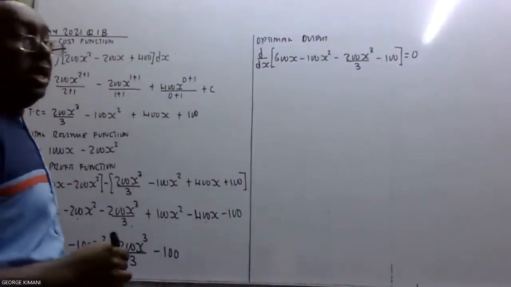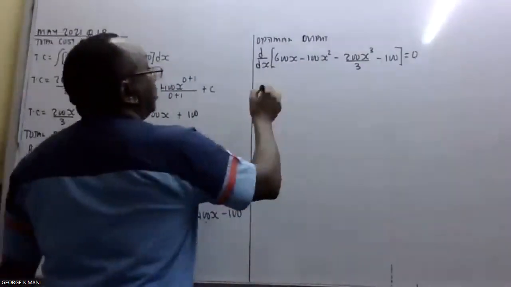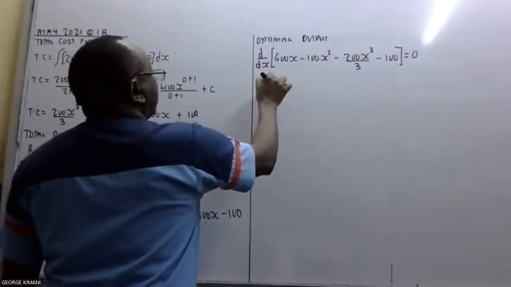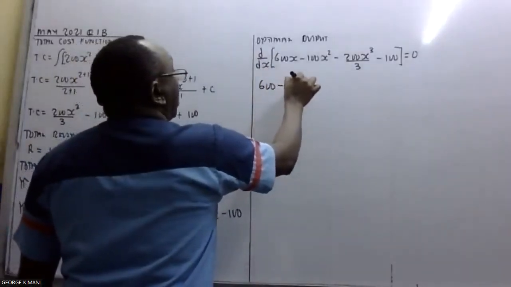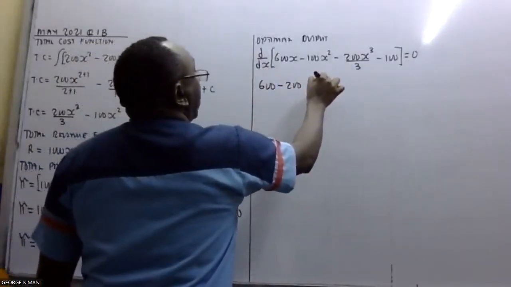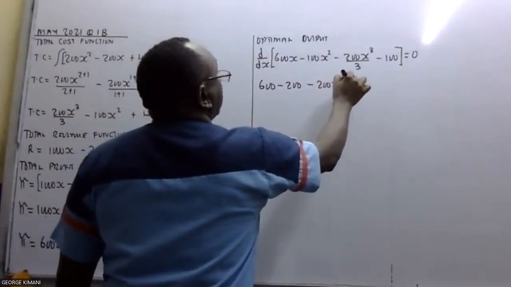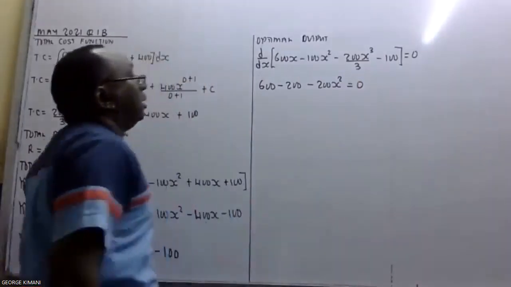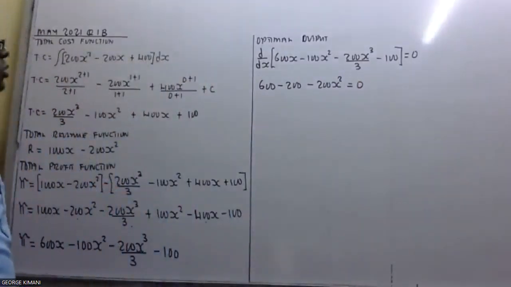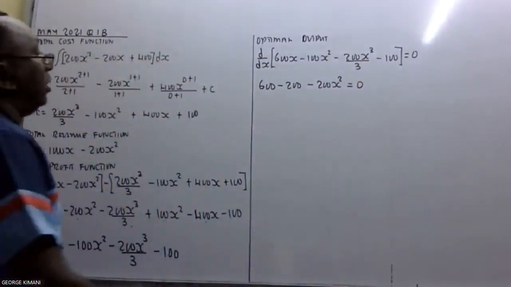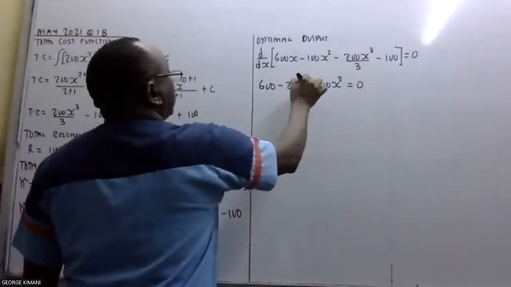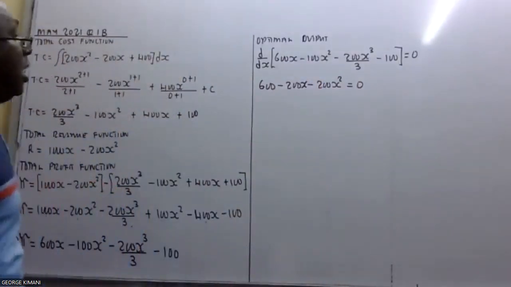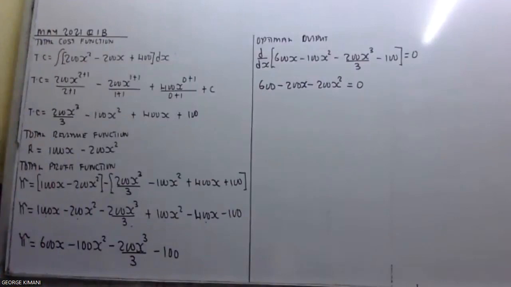So if we differentiate, this settles at 600 minus 200x minus 200x squared equals 0.